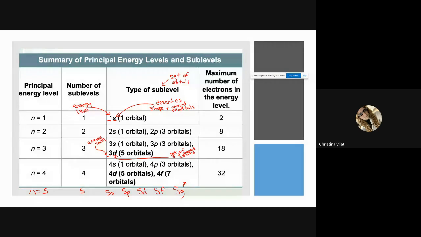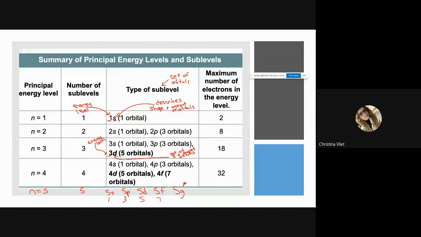Well, given what we can draw a conclusion on here, can we figure out how many electrons energy level 5 would theoretically be able to hold? Do we have enough information? Well, how many orbitals is S? 1. How many orbitals is P? D is? F is?